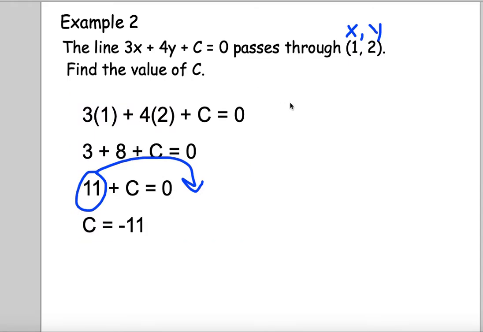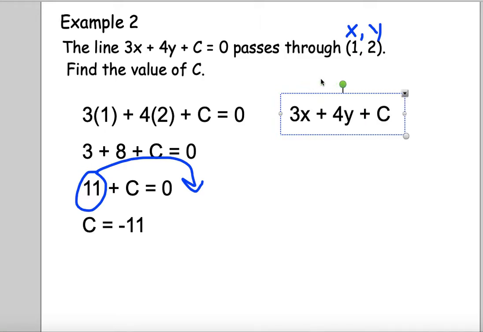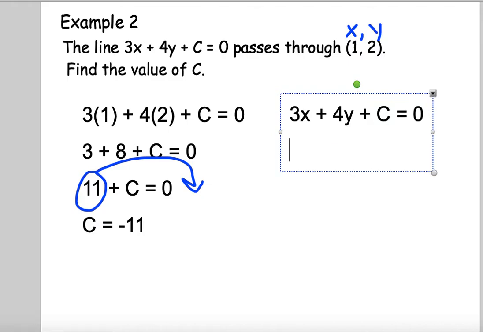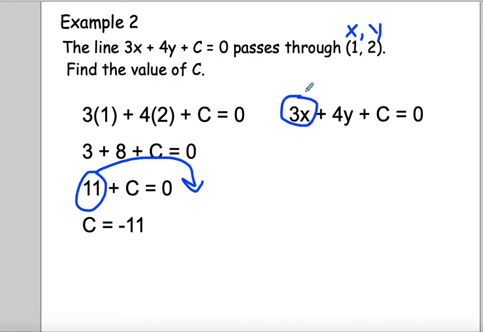Another way to solve it is to isolate for c. So in our original equation of 3x plus 4y plus c equals 0, you're going to take this and send it over, and then you're going to take this and send it over as well.